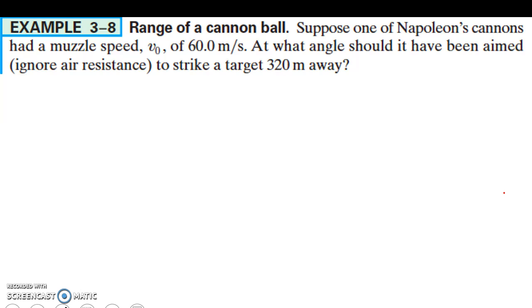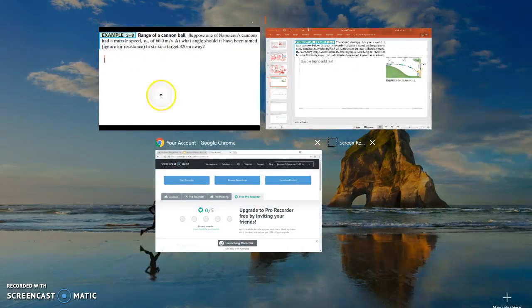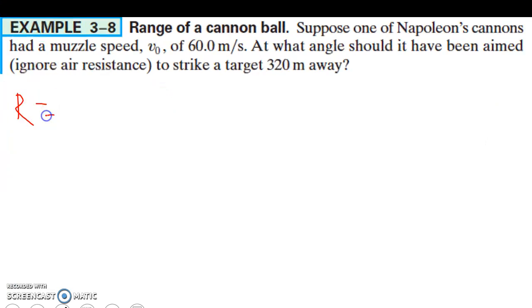And again, the range equation is going to be v0 squared times the sine of 2 theta over g.